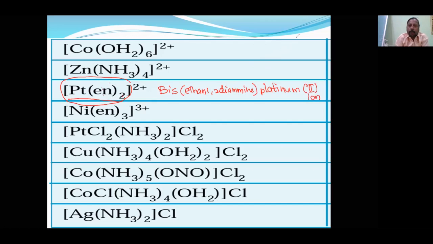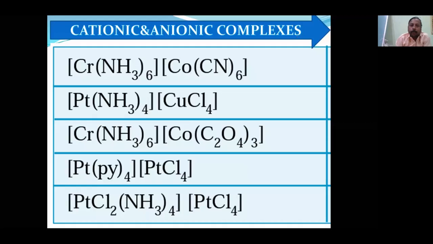Note down this. Now this is an example where both the positive ion and the negative ion are complexes. You will have clarity now. So this chromium you will write as chromium. This you will write as cobaltate because it is on the right hand side. So the name I am writing here. First you should write the positive complex, and in that, ligands first.